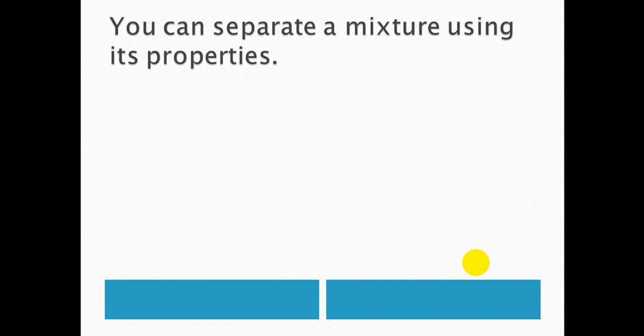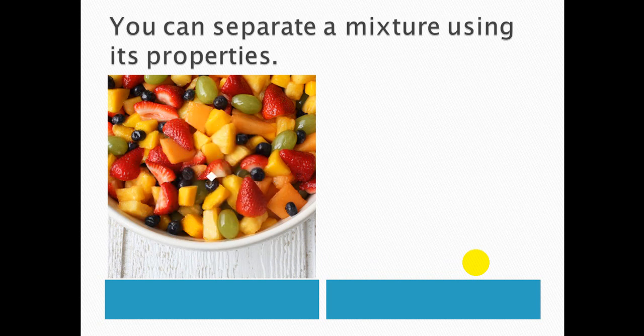Today we will study how to separate a mixture. We can separate a mixture using its properties. Like what? Like this bowl of fruit salad. How can we separate this mixture? Which property can help us in this separation?